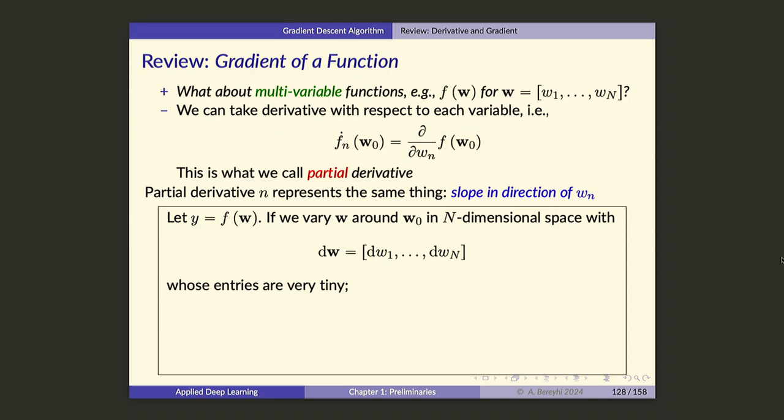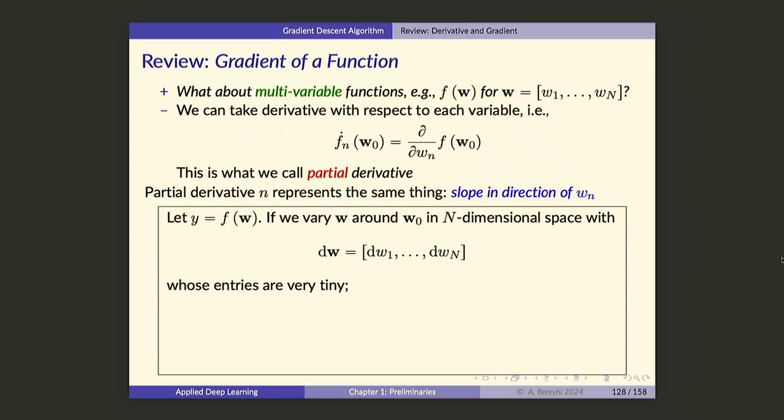Now, I start at this point, and I'm going to take a very tiny step towards one direction. I show that tiny step by dw. So dw has a tiny element in this direction, tiny element in this direction. Or if we are in general n-dimensional space, in every dimension it has a tiny step.